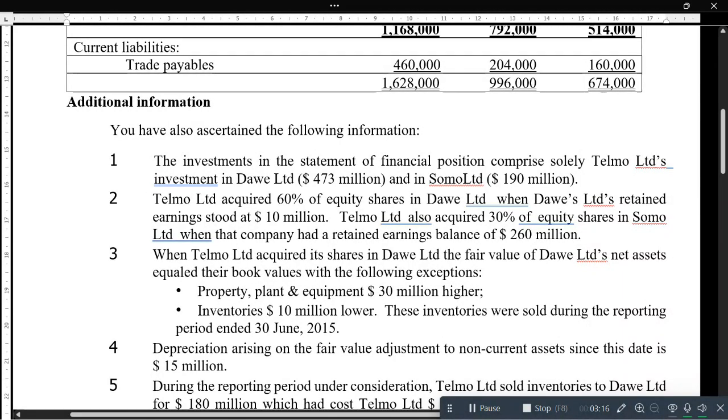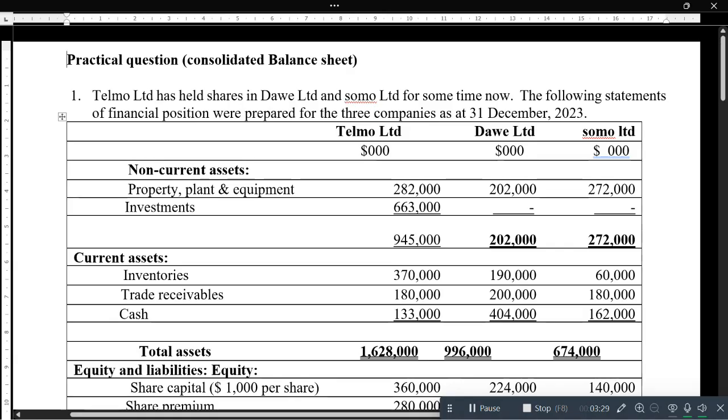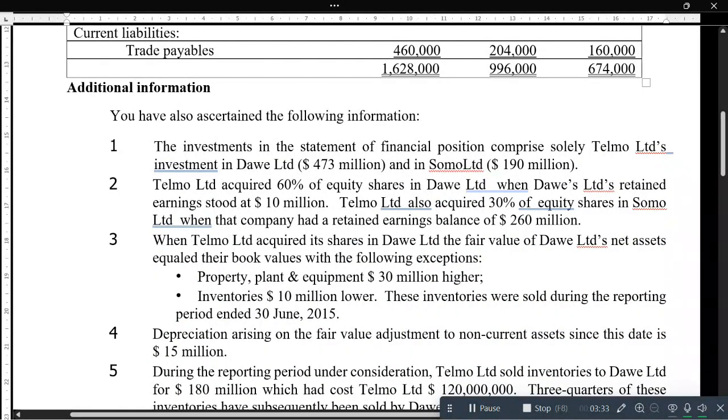When you look at note 1, the investment in the statement of financial position comprises solely Teremo Limited's investment in Dawe Limited. Now, when we check on this, which investment are they talking about? Yes, it is here under non-current asset 663, and they are saying it comprises investment in Dawe Limited and Somo Limited. We shall see that.